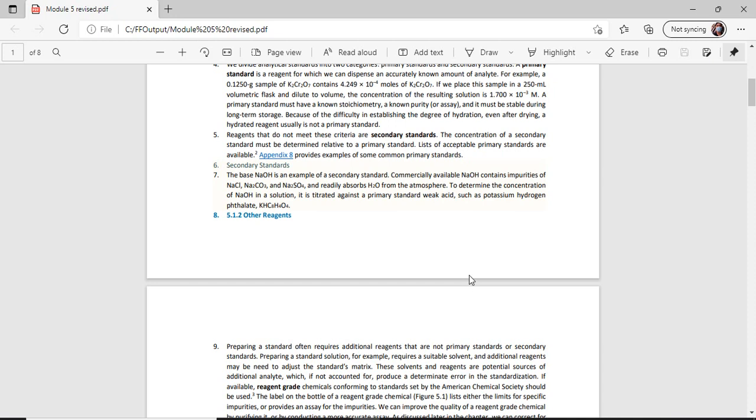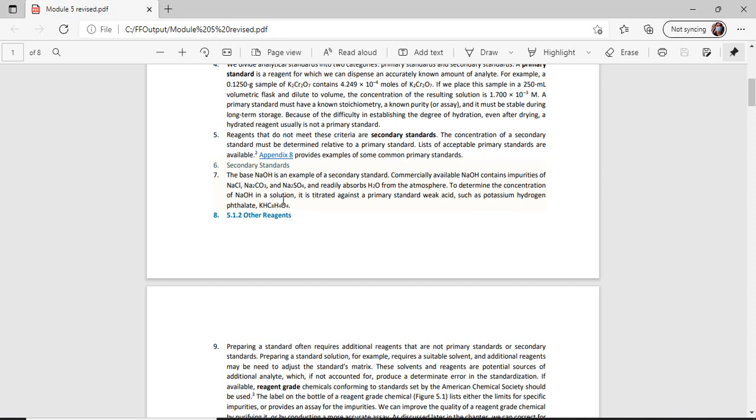Now, for your secondary standards, your base, which is NaOH, is an example of a secondary standard, and that is what is usually used in the laboratory when performing your titration. Basically, available NaOH contains impurities such as NaCl, Na2CO3, Na2SO4, or sodium phosphate, and is readily absorbing water, H2O, from the atmosphere.